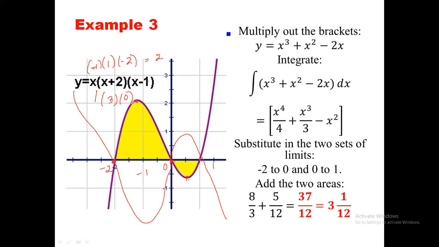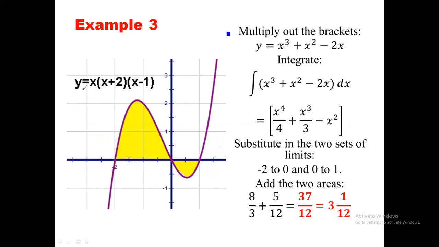Y is 0 for x equal to 1. So let's say this is 1, and this is 0.5. I'll clear my markings, class. Let's say this is -2, this is 0, this is 1, so this is 0.5. I substitute 0.5: 0.5 times 2.5 times -0.5.